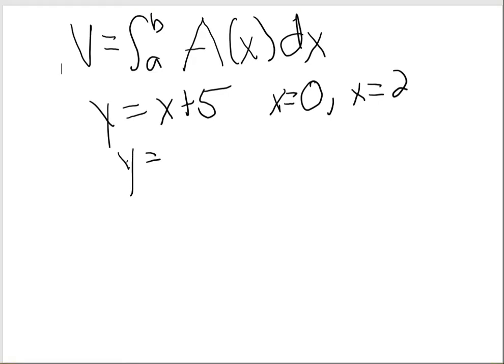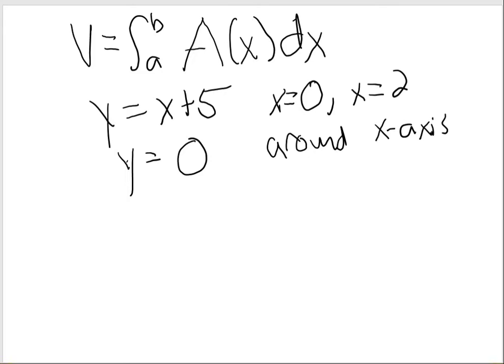And then maybe this is disk method rather than washer method, but we would rotate it around an axis. So let's say the x-axis. And you could do this and find the volume. We did that before. It might be a useful exercise to try this.